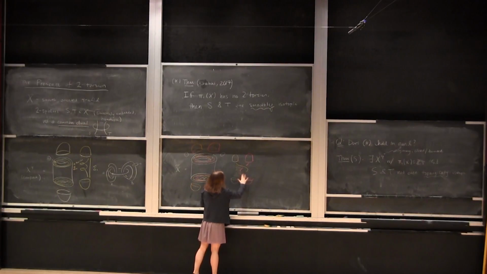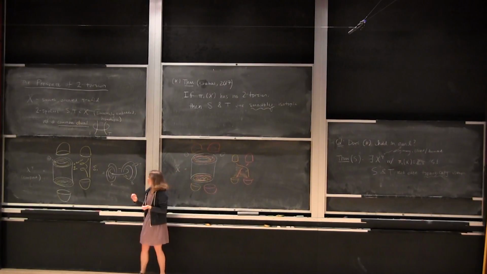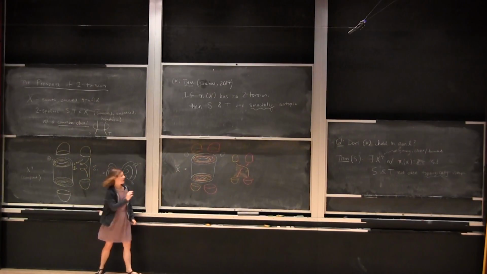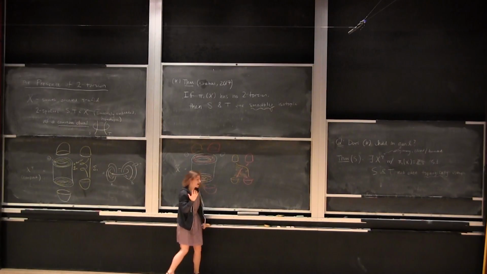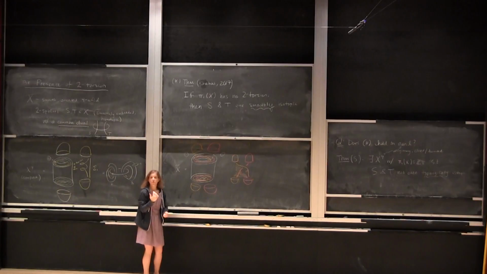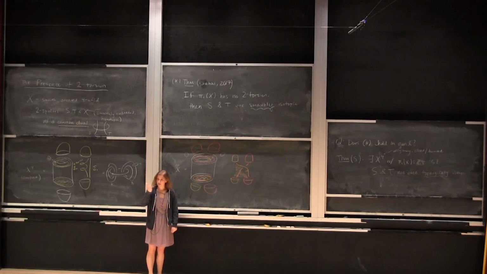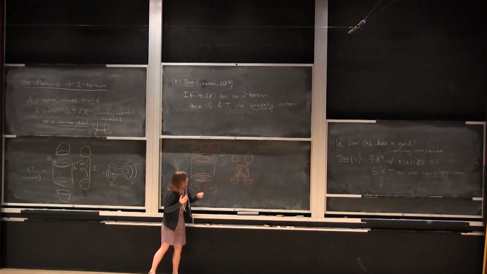So it's going to lift to things that switch sides, right? If I have one whole twist here, I'm just going to get a half twist upstairs. So that should justify to you why, when n is odd versus even, these two spheres are not homotopic to one another, since they lift to two spheres that are not even homologous to one another upstairs.